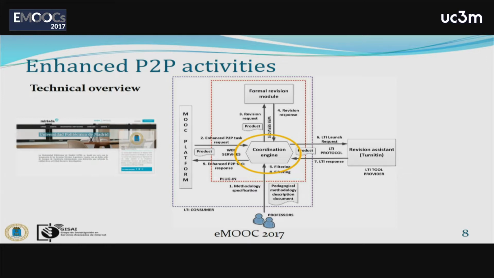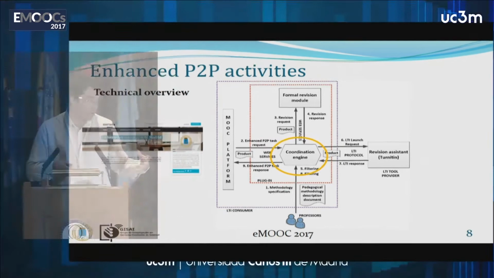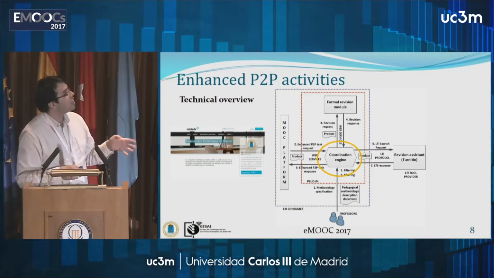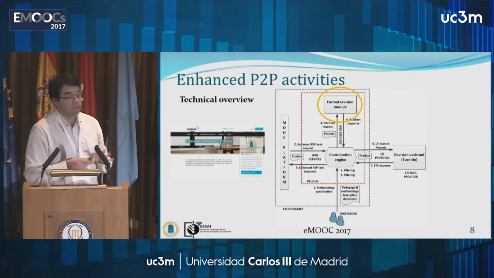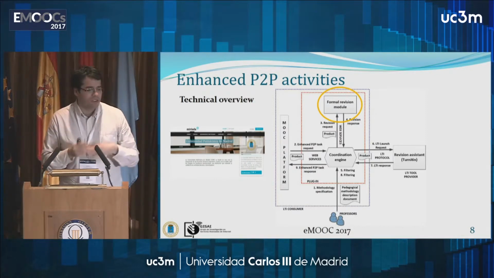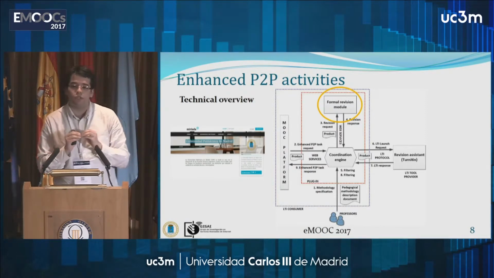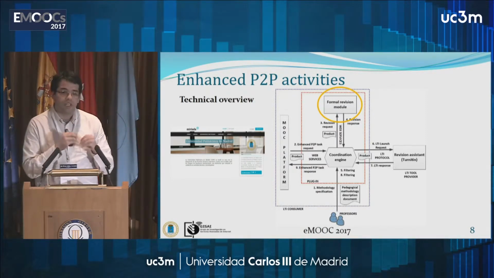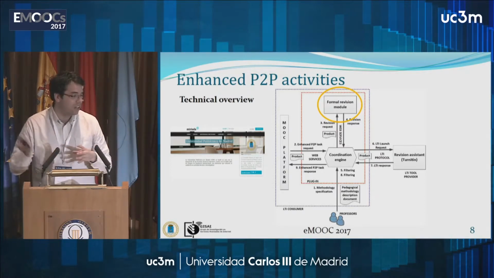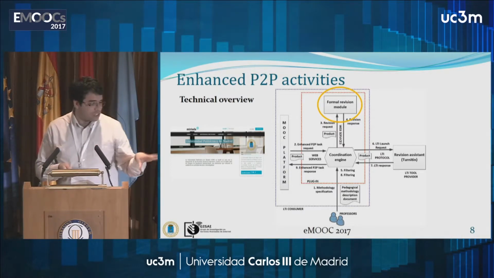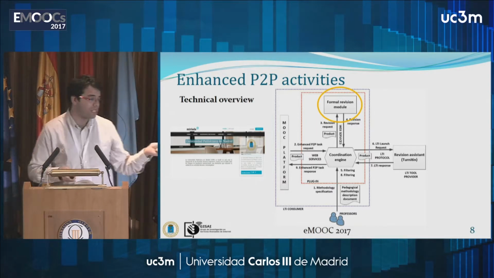and finally of performing the core of the functionalities of the proposal. This coordination engine receives the product created by the students, and considering some personal information issues, because it's not possible to store the personal information of students with external instruments, the product is sent to a formal revision module.